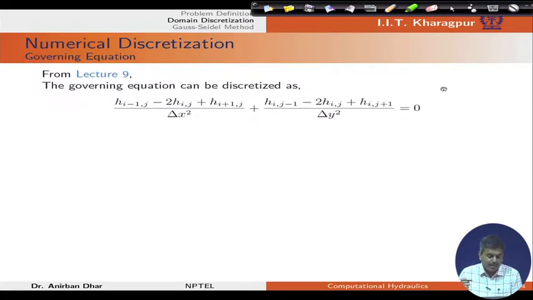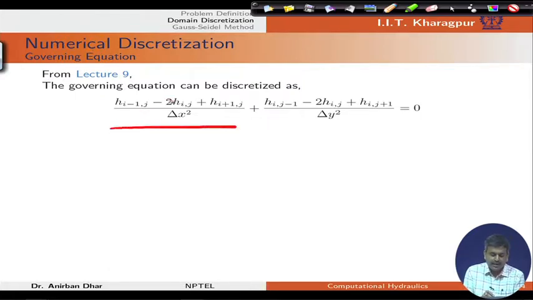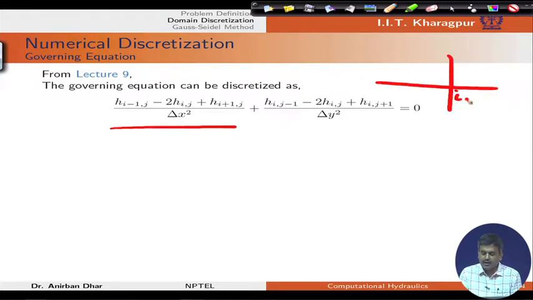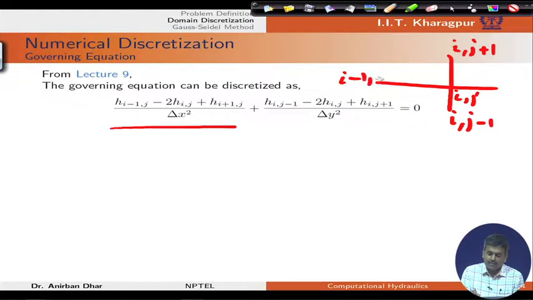Now, from lecture number 9, we know that with our discretization, we have h i minus 1 j, i j plus 1, i j minus 1, i plus 1 j points for this discretization.